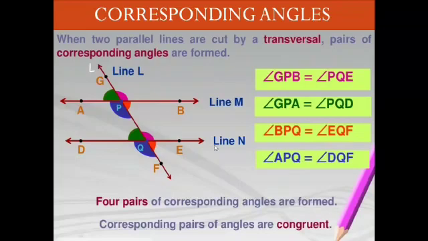Now you can see here that AB and DE are two parallel lines and GF is a transversal. You can see here angle GPA and angle FQD. These two angles, which are with green color, they are forming a shape of F, opposite F.